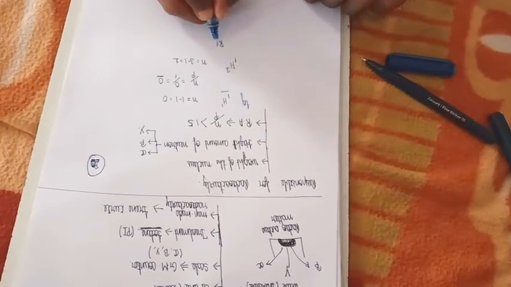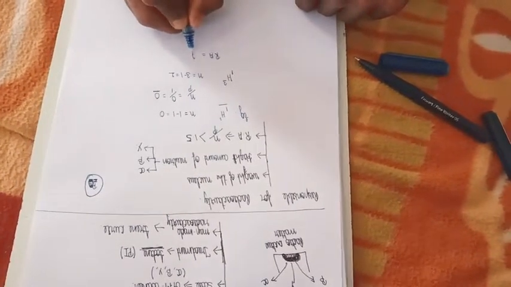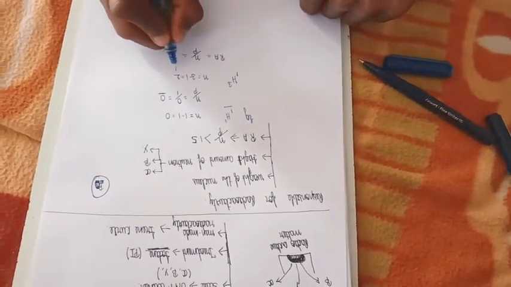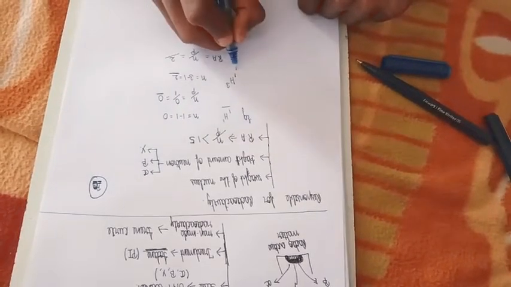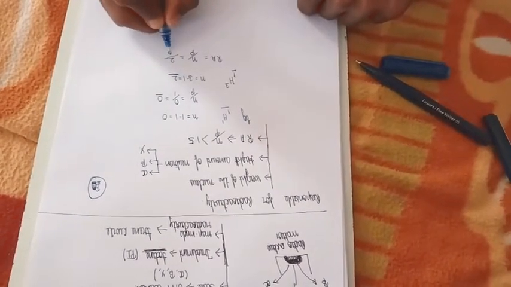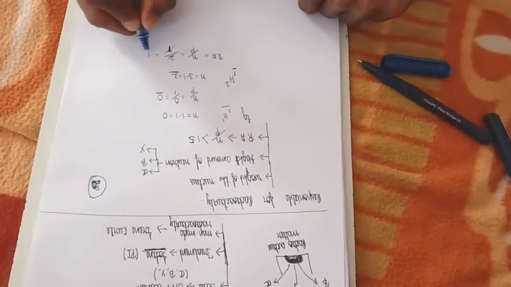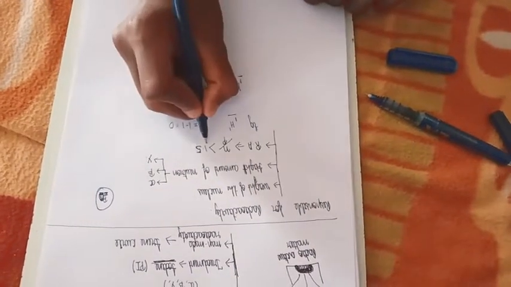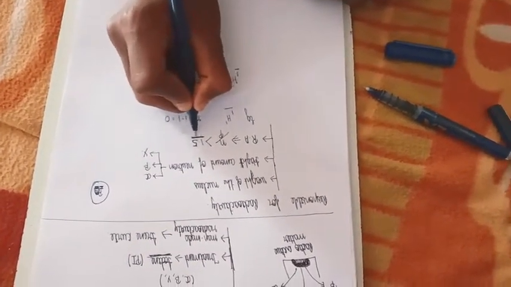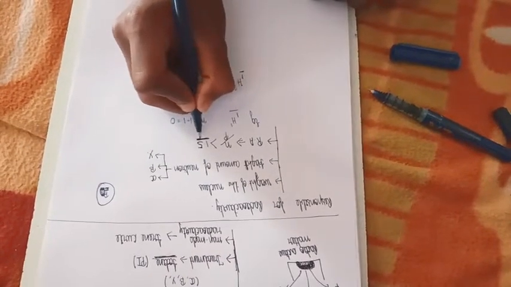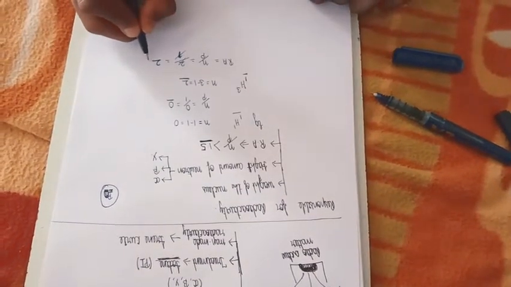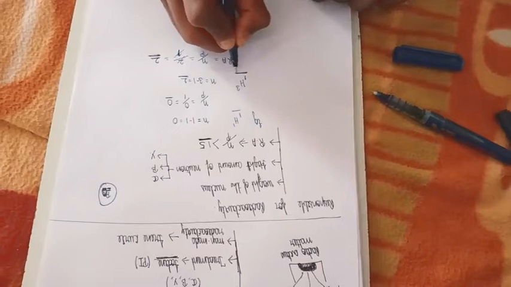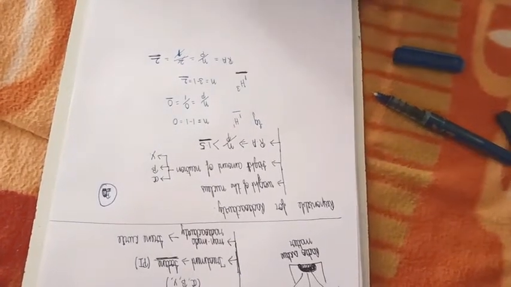Radioactivity is N by P. Neutron is 2, and proton is 1, so we get the answer 2. If N by P is greater than 1.5, that means it's radioactive. Then we can say that tritium, an isotope of hydrogen, is a radioactive element.